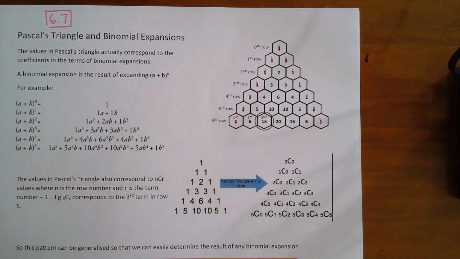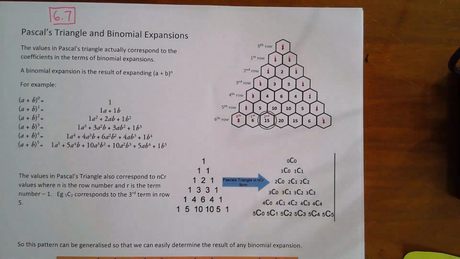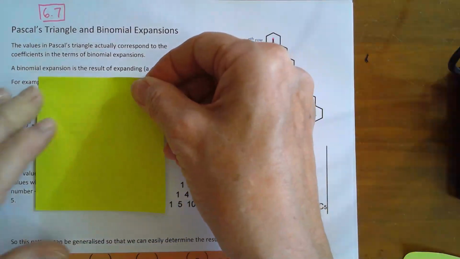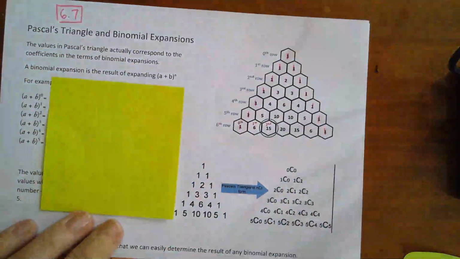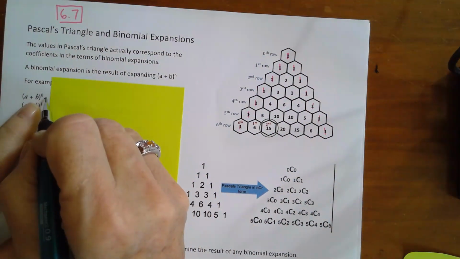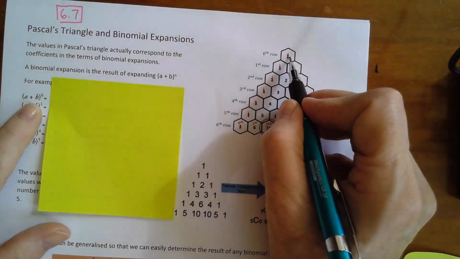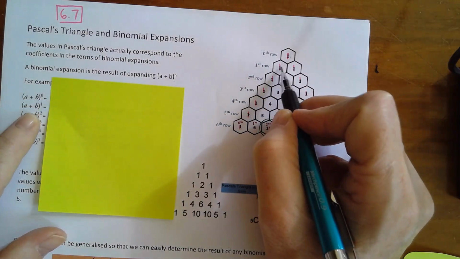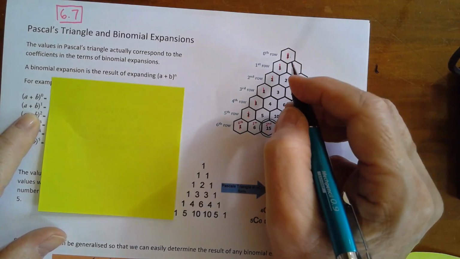Okay, now the neat thing happens to be this. And I'm just going to show you this idea quickly, just in case it's eluding you. So just watch for a minute, because you'll have it underneath here, but I'll just show you. Okay, so we know that if we have anything to the 0, it's 1. And a plus b to the 1 is just a plus b, 1a plus 1b.